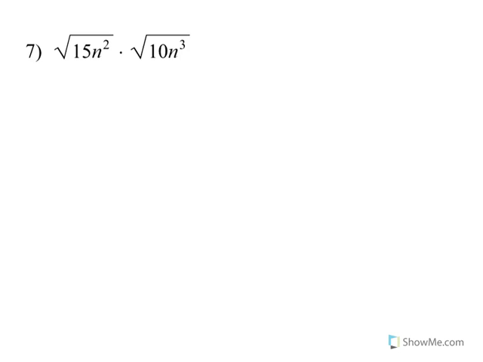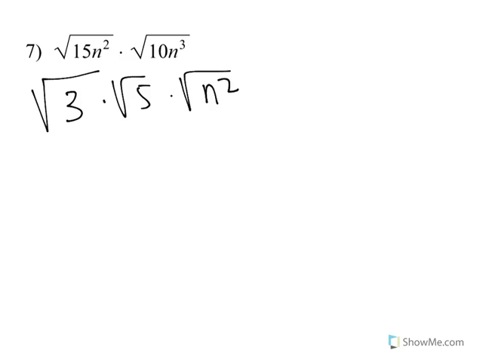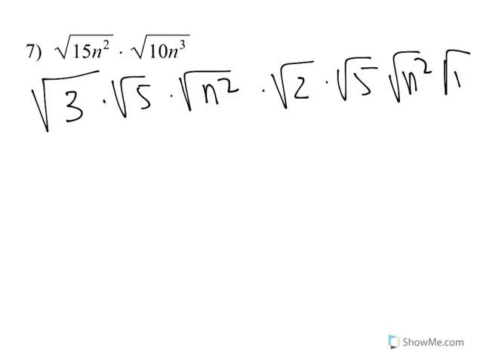Next example, so we have radical 15n squared times radical 10n cubed. So this is, well, 15 is 3 times 5 times n squared, and this is 2 times 5, and n cubed can be written as square root of n squared times square root of n.